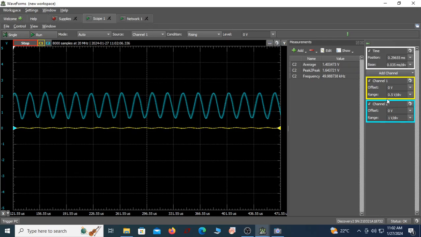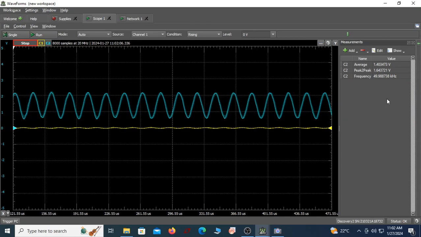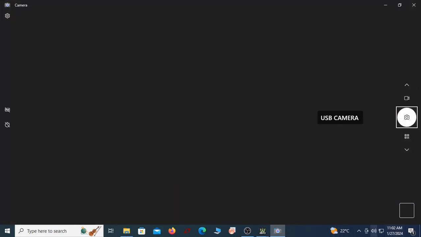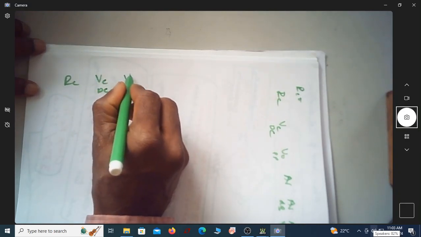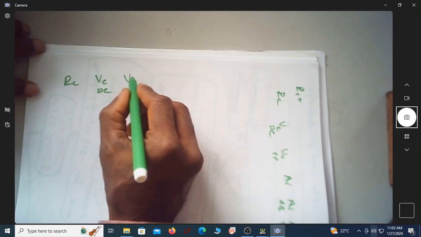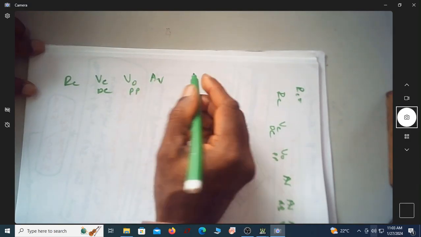Now let me have the table. This is RC, VC DC voltage, V0 peak to peak, from which I can find AV.